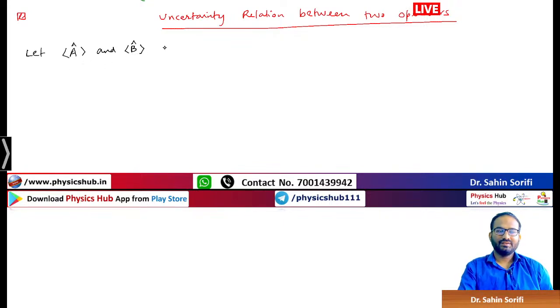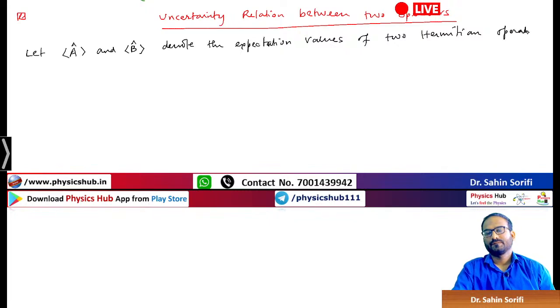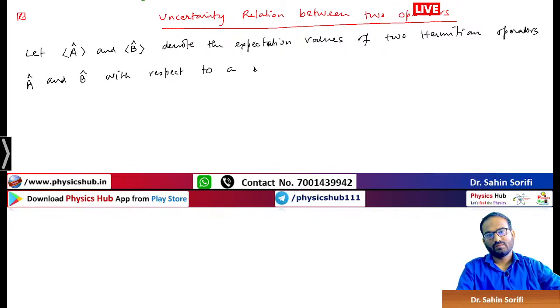So let ⟨A⟩ and ⟨B⟩ denote the expectation values of two Hermitian operators, let's say A and B, with respect to a normalized state ψ. Normalized state ket psi.